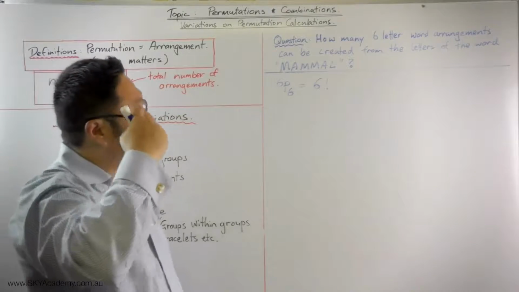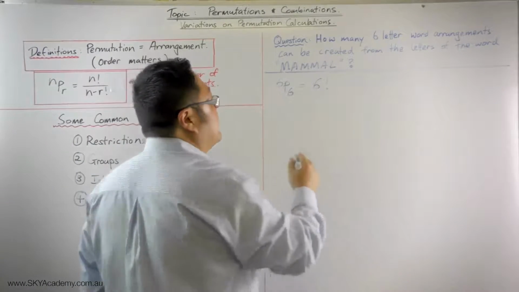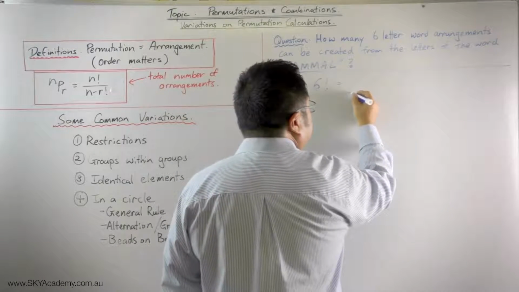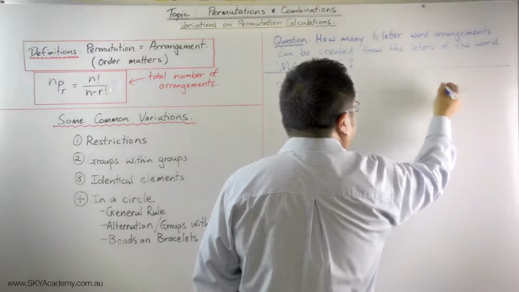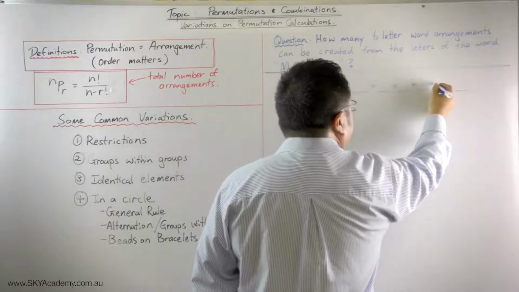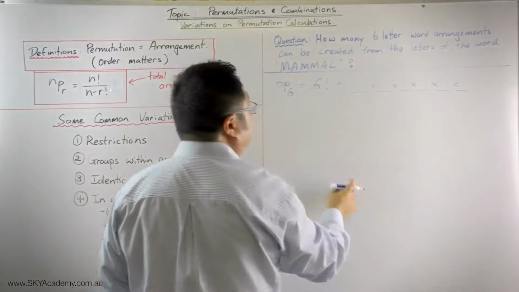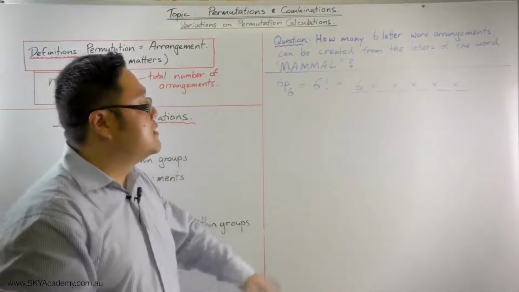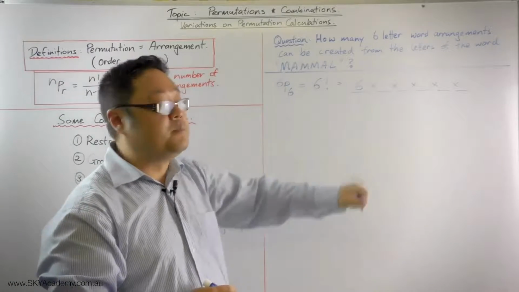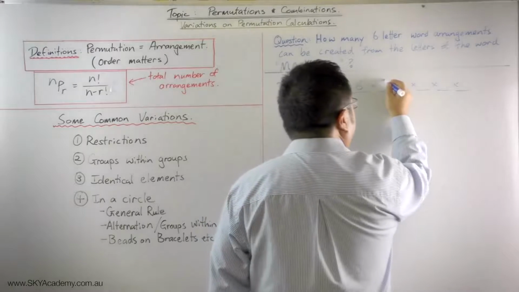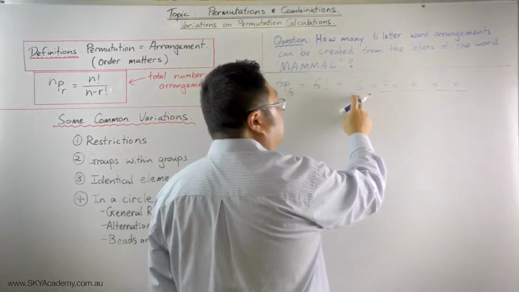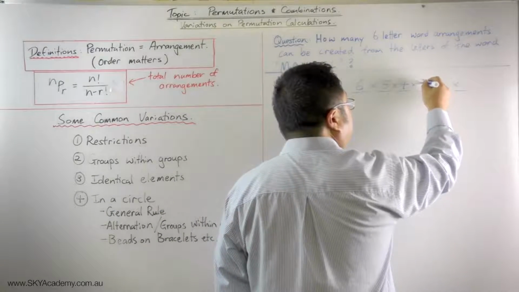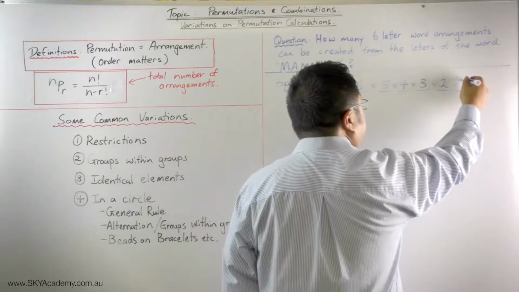So 6P6 is the number of distinct arrangements that you have, and that's because you've got 6 positions, 1, 2, 3, 4, 5, 6, and each of those 6 positions get filled up accordingly. So in the first position, you've got 6 choices that you can put into the first position. The second position, you've got 5, because there's 1 less than the one that you've anchored into the first position. You've got 4 for this one, 3 for this one, 2 choices, and then 1 choice.